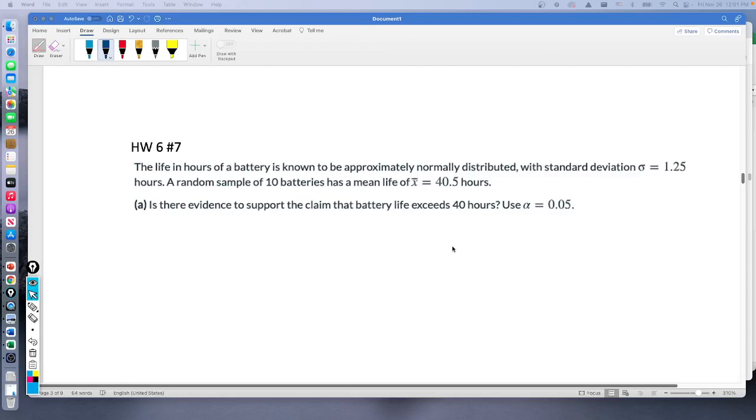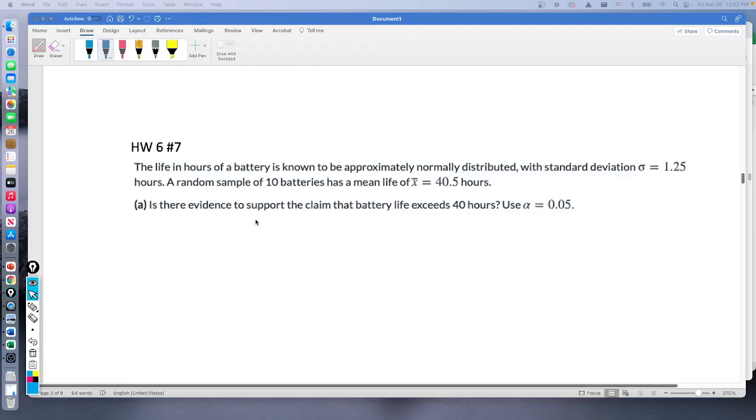A random sample of 10 batteries has a mean life of 40.5 hours. So now we're asked, is there evidence to support the claim that battery life exceeds 40 hours? So we're seeing if we're going to exceed 40 hours. Sounds like a one-sided test.